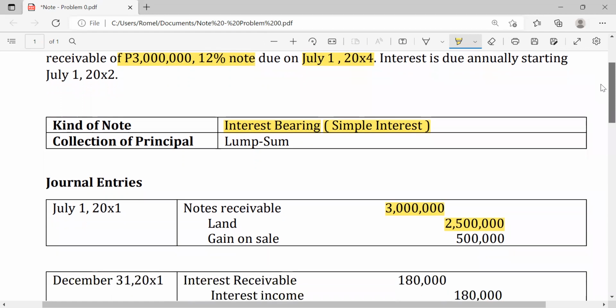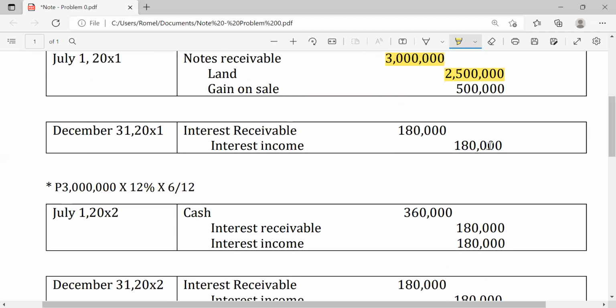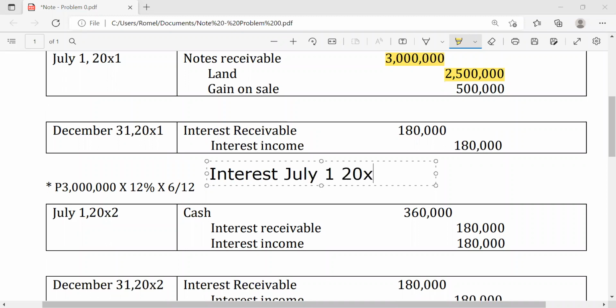And then, on December 31, 20X1, we need to record an adjusting entry. Kailangan natin mag-record ng adjusting entry sa December 31, 20X1. This is to recognize the interest that we earned from July 1, 20X1 to December 31, 20X1.